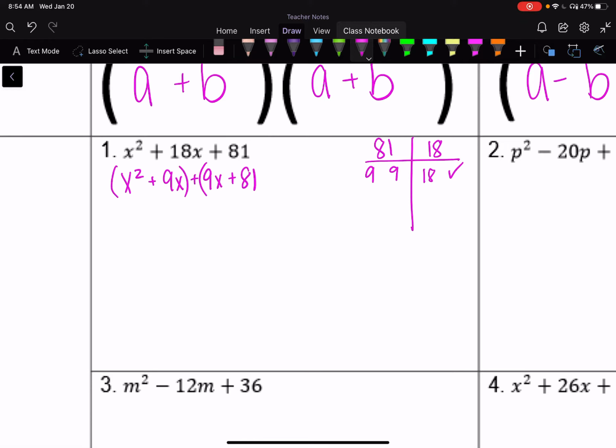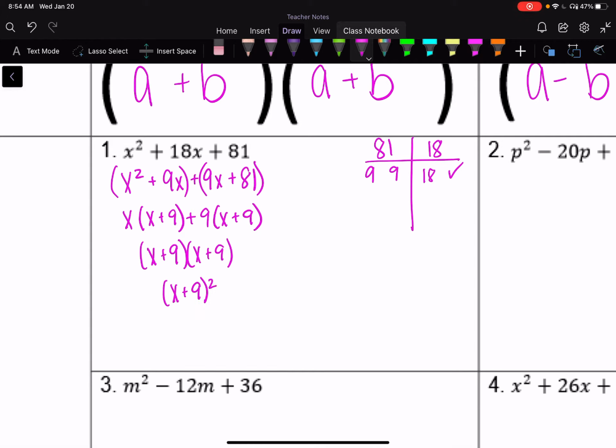We can group these and factor. And that leaves me with x plus 9 times x plus 9, or x plus 9 squared. This one is the positive version because all of my terms are positive.